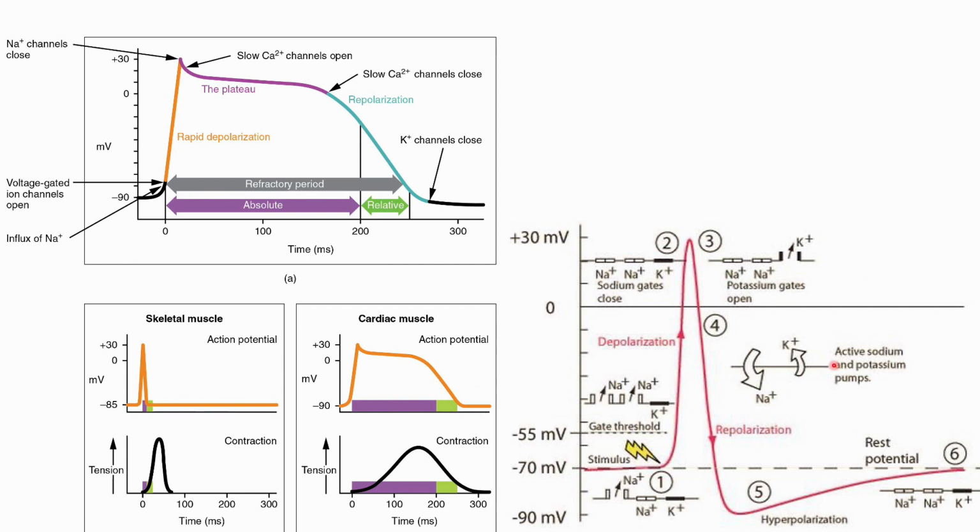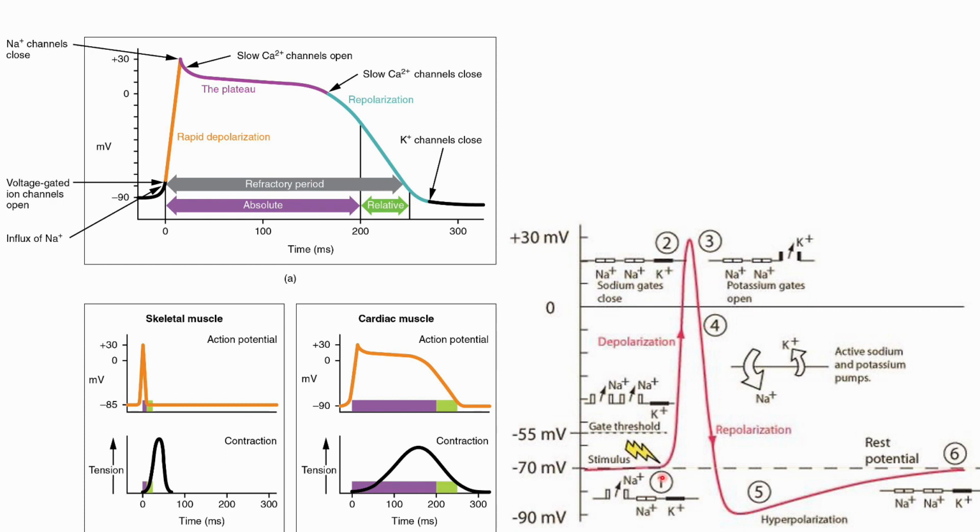All right, so let's summarize what we're looking at over here. What this is showing is that in cardiac muscle, depolarization is due to sodium influx through fast voltage-gated sodium channels. A positive feedback cycle rapidly opens many sodium channels, reversing the membrane potential, and channel inactivation ends this phase.